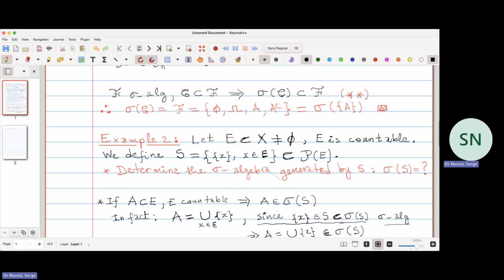Because remember that here, E is a subset of X. We consider A to be a subset of E. So it can be a subset of E, and if it's a subset of E, it's also in X. But we can have the case whereby it is in X and its complement is in E.